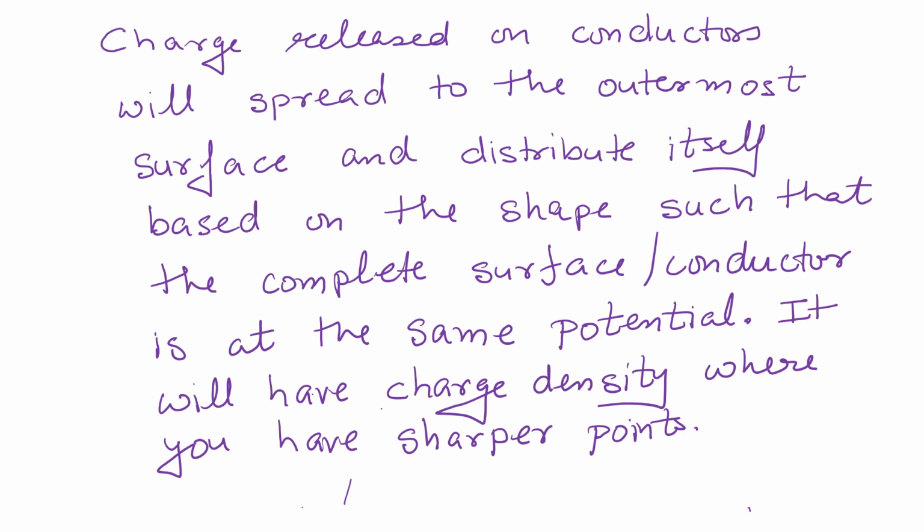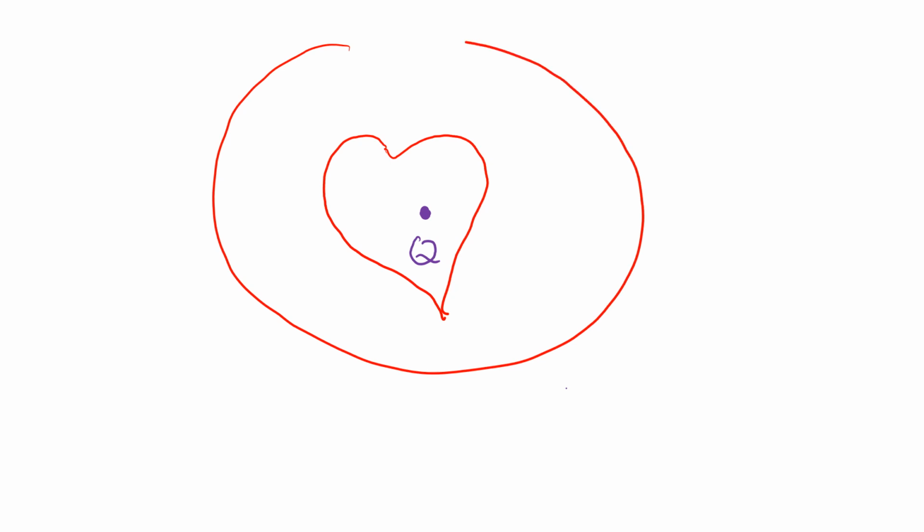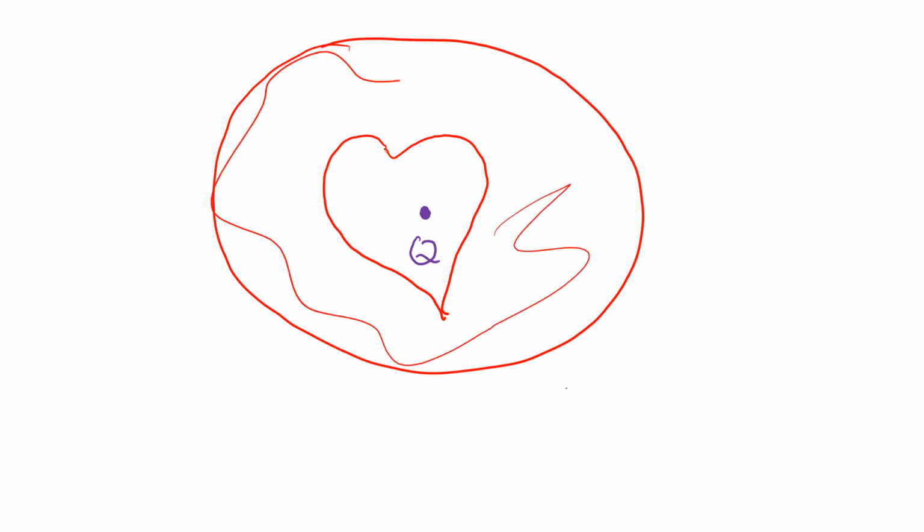And that is not only true for the charge released into the conductor, this is also true for what would happen when you have charge in a cavity. Let me consider that quickly. Let's say I have a charge Q which is present, and I have a conductor which is a heart shape inside, but outside is a nice sphere. So all this is a conductor.